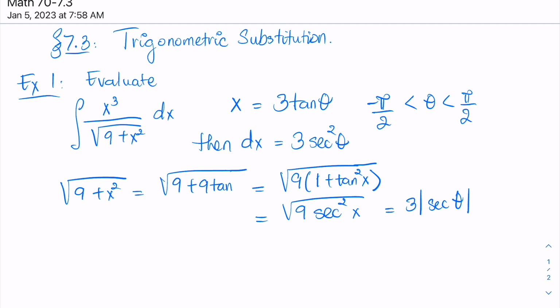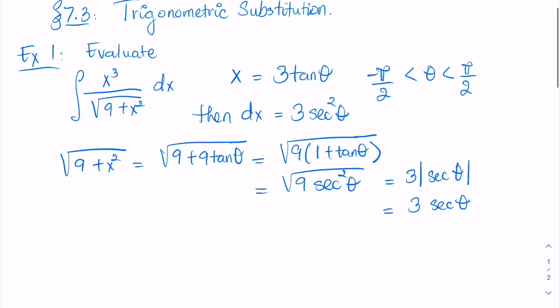I want to make sure I change it into theta. So what we have is 3 secant theta. Now, go back to our integral. We have x cubed over square root 9 plus x squared dx.